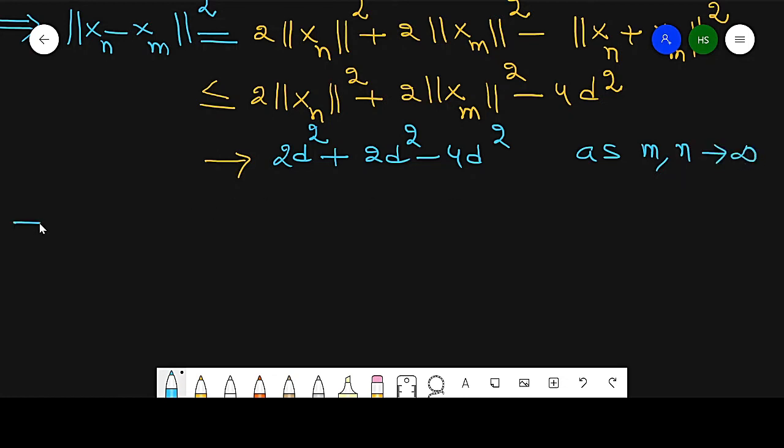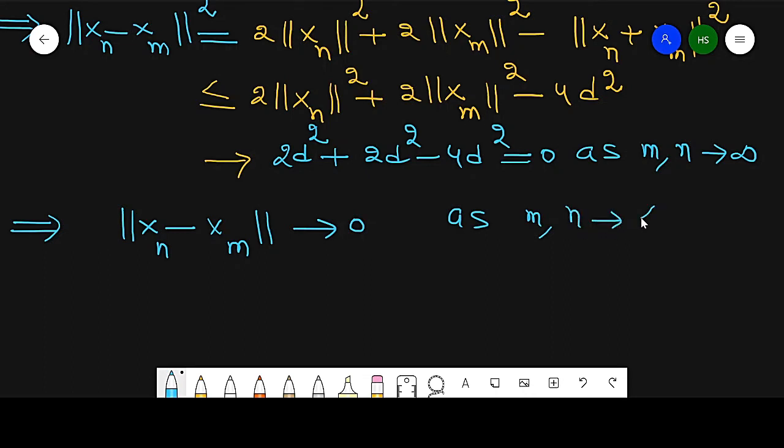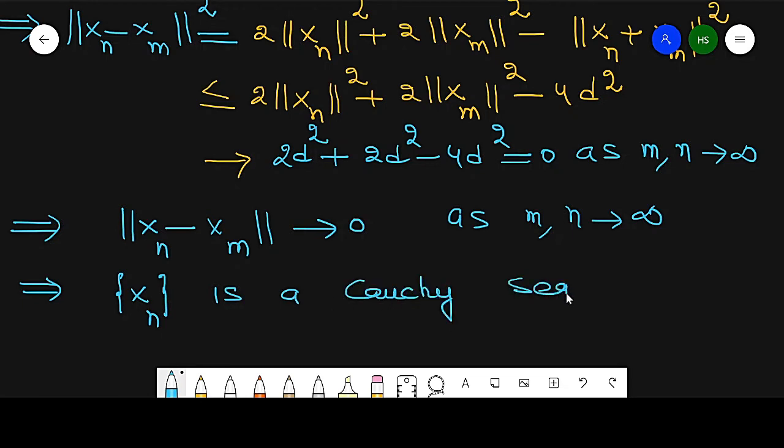So it implies the norm of xn minus xm, which is 0. So the norm of xn minus xm approaches 0 as m and n approach infinity. So it implies this sequence xn is a Cauchy sequence in H, a Cauchy sequence in C.